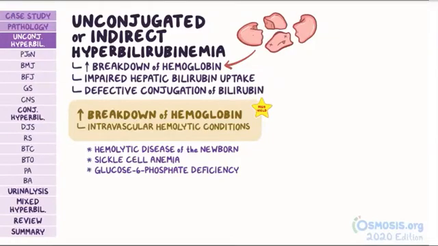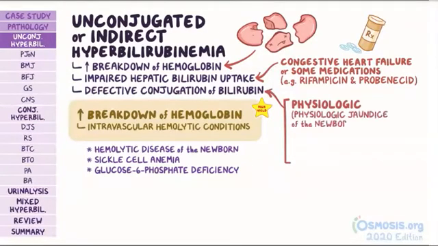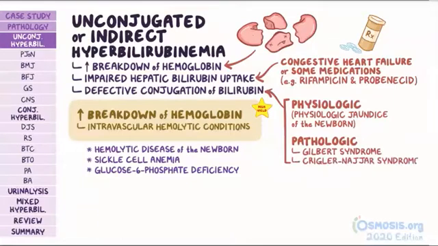On the other hand, impaired hepatic bilirubin uptake can be caused by congestive heart failure or some medications, such as rifampicin and probenecid. Finally, defective conjugation of bilirubin can be physiologic, which is also referred to as physiologic jaundice of the newborn, or pathologic, which is commonly seen in hereditary conditions, such as Gilbert syndrome and Crigler-Najjar syndrome.